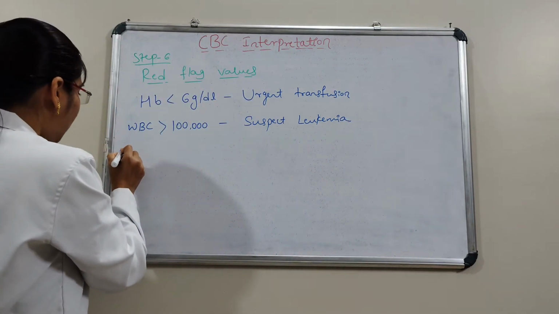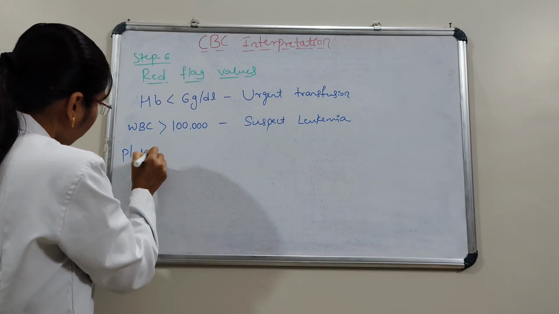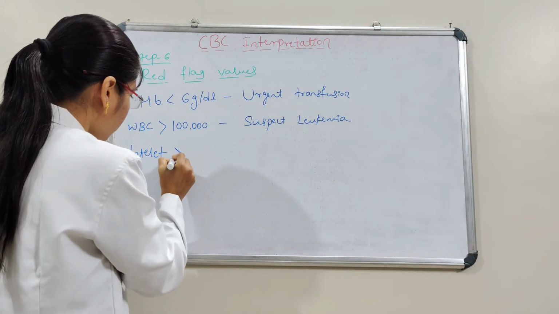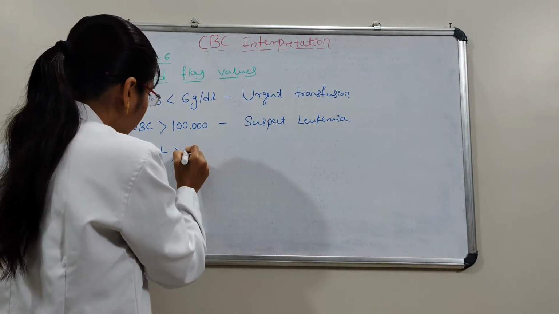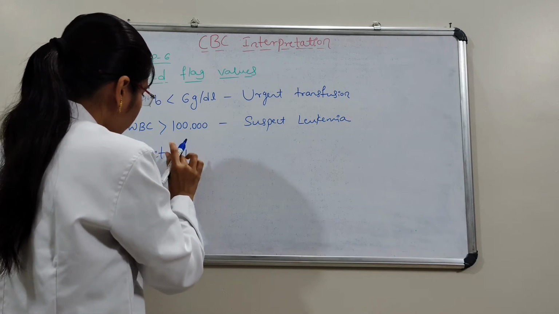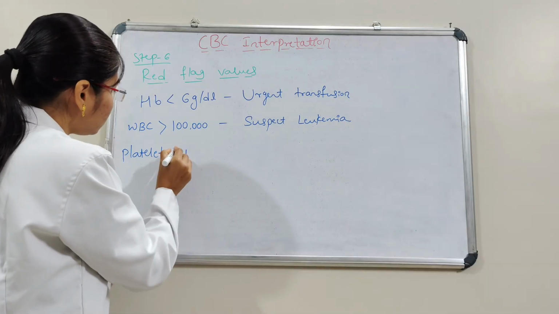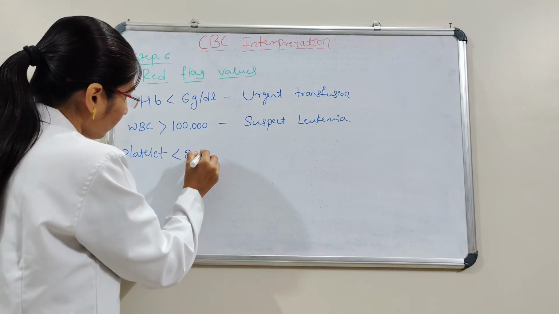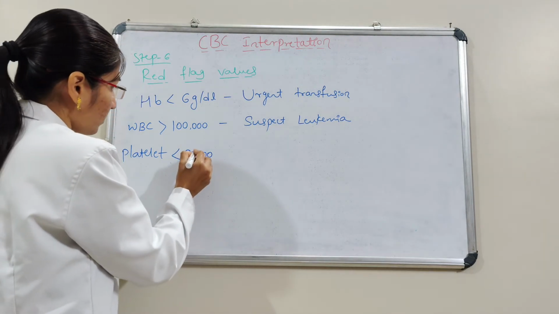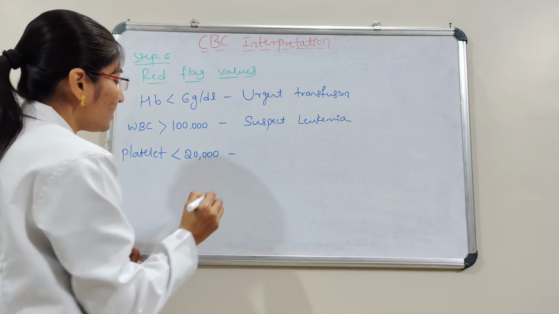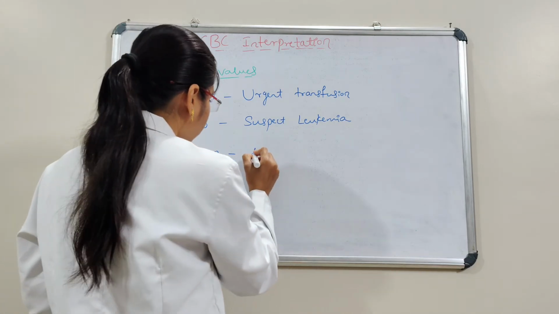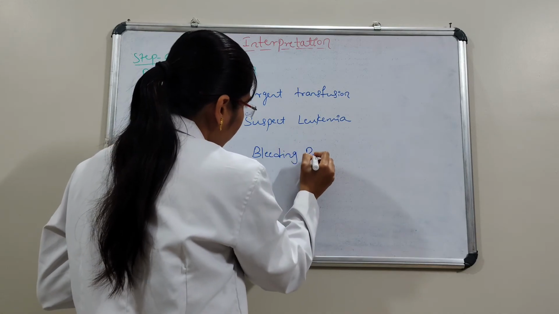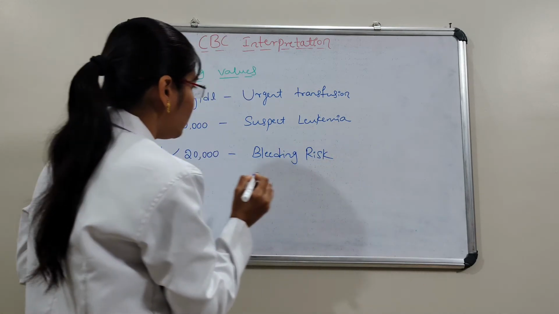Platelets less than 20,000 indicate bleeding risk.